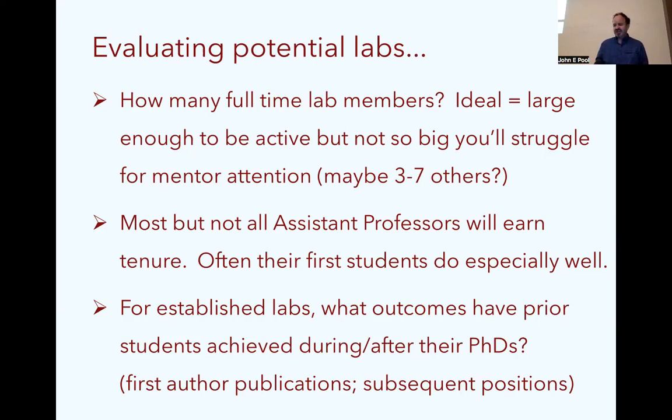You don't want to be in a situation where, and I think this is rare, but in some labs, it might be the case that grad students are kind of helping out on projects that are led by postdocs. That's not ideal. But yeah, so what did they tangibly accomplish during their PhD?